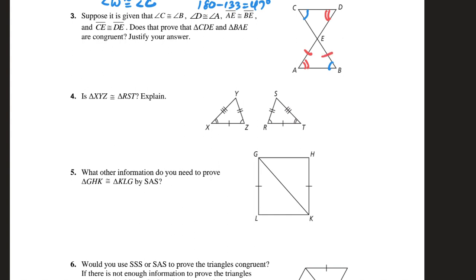And CE is congruent to segment DE. Does this prove that the triangles are congruent? I would have to say no. Not enough information.